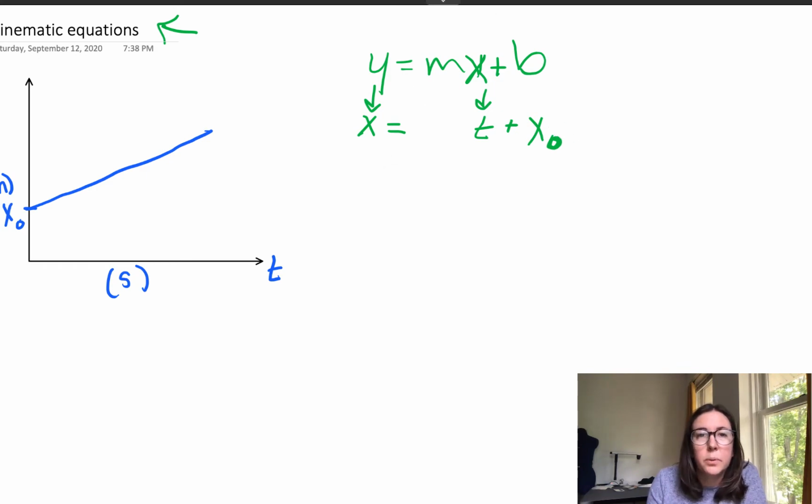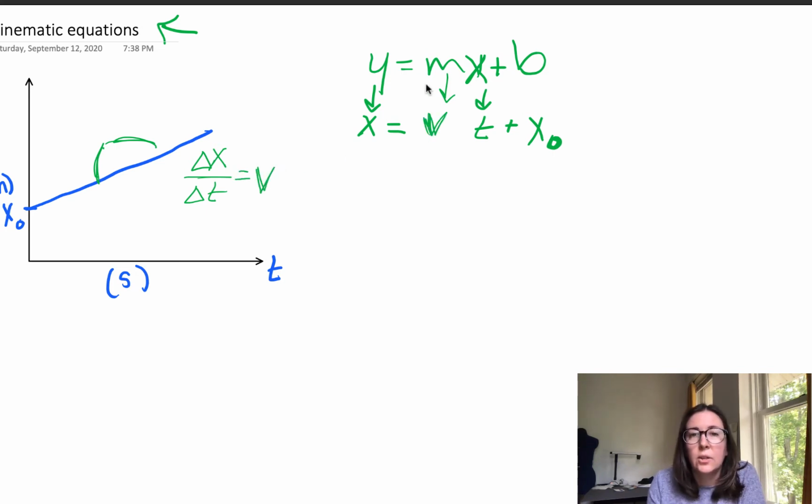The slope of a position versus time graph, remember, is the rise over the run, or the change in y over the change in x, the change in time. Delta x over delta t, change in position over change in time. This is just the velocity.